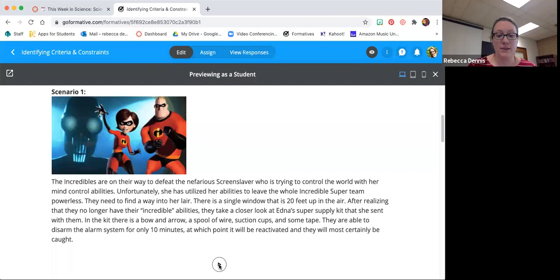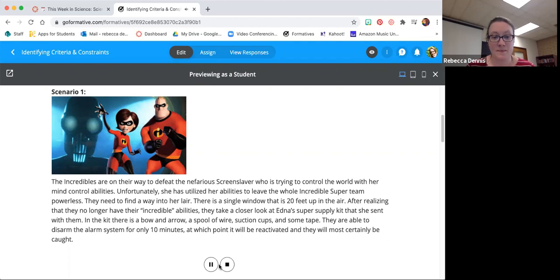Let's go ahead and listen to it. The Incredibles are on their way to defeat the nefarious Screenslaver, who is trying to control the world with her mind-controlling abilities. Unfortunately, she has utilized her abilities to leave the whole Incredible super team powerless. They need to find a way into her lair. There is a single window that is 20 feet up in the air.